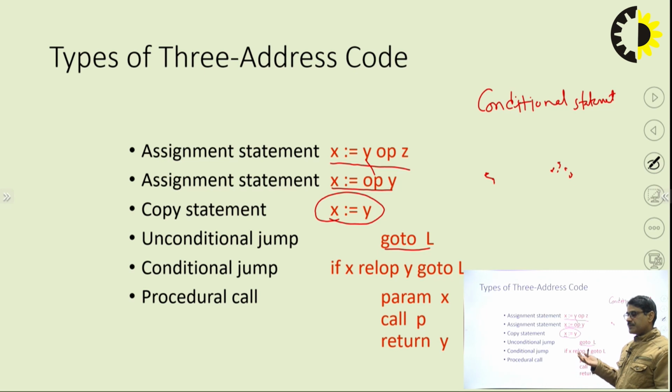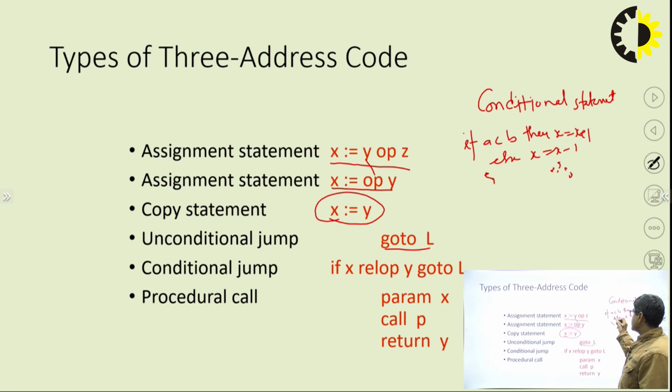When one particular statement is completed, like if you are talking about any conditional statement, if or else or any other statement. So if you take this statement, if A less than B, then x equals x plus 1, else x equals x minus 1.